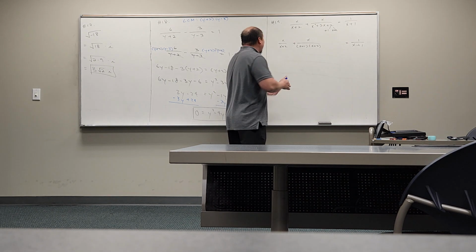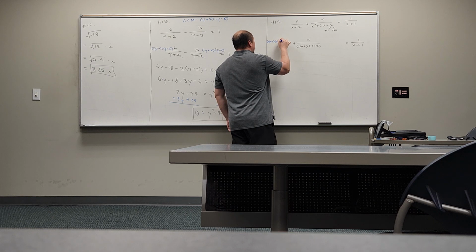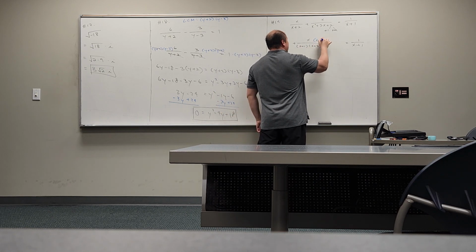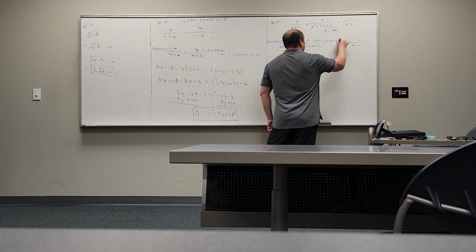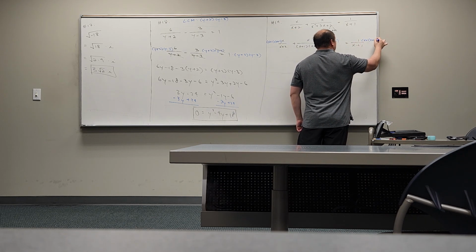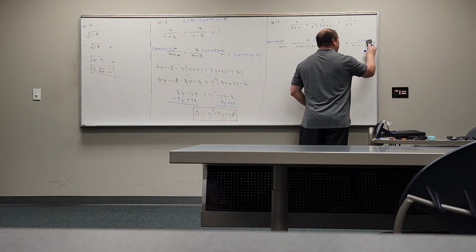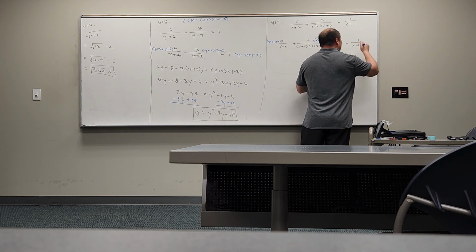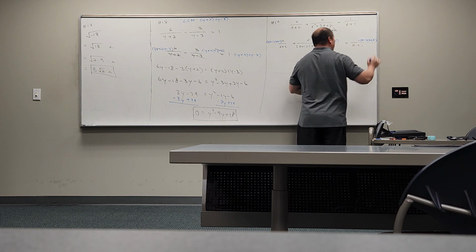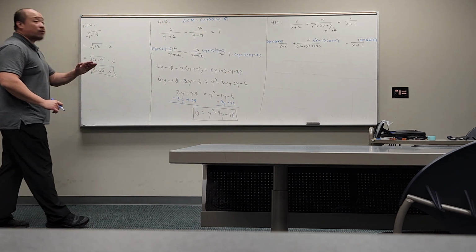So multiply x plus 1, x plus 2 next to everybody. So I'll write x plus 1, x plus 2 next to everybody.